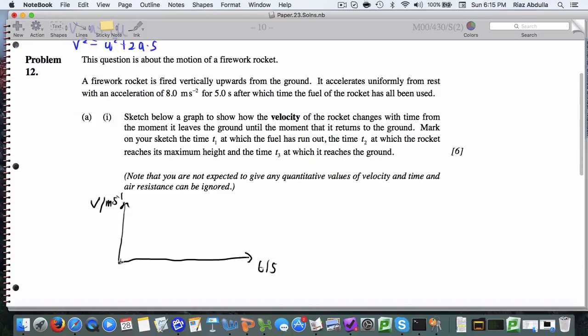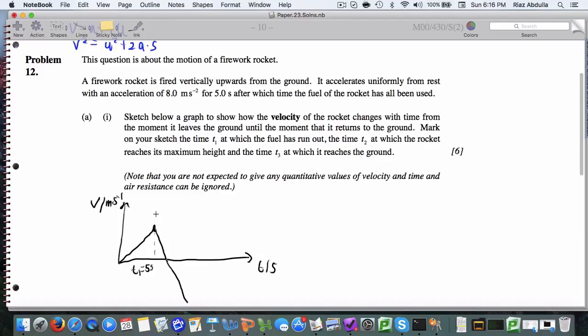So first, we go up into the air, and this is at time t1. And then what's going to happen is the fuel's going to cut out, and then it's going to slow down to stop at the top, and then it's going to fall back to the ground, gaining speed as it falls.